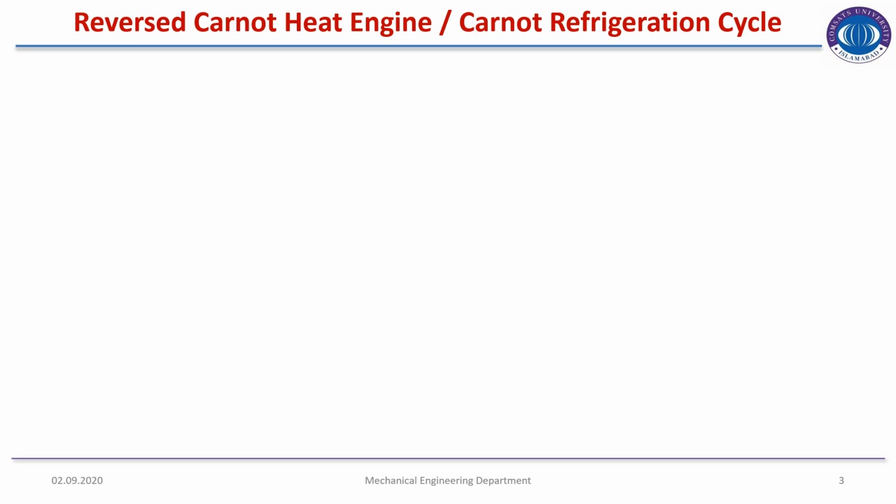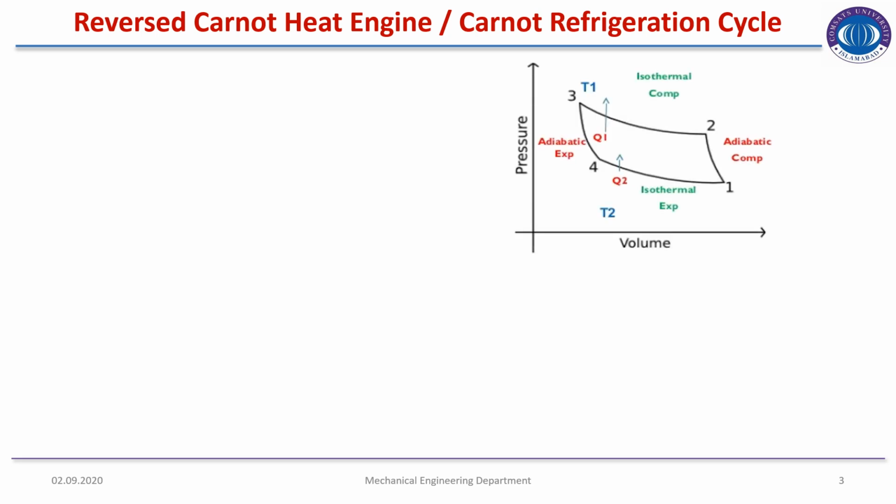Reversed Carnot heat engine or Carnot refrigeration cycle. As we have discussed about Carnot heat engine in the previous lecture, we know that the Carnot heat engine represents reversible processes. So all four processes included in the Carnot heat engine are reversible in nature.